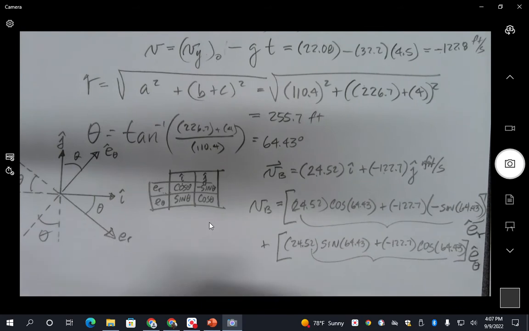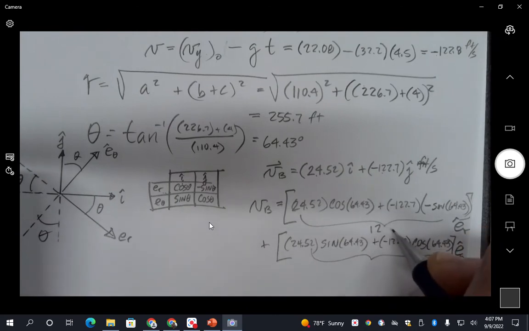I have some crossouts here, so I don't think I have the right numbers. So we'll go 64.43, enter. I have the stack full of that, and so I'm going to go cosine, 24.52 times, and then flop that around, and I'm going to have sine of that one times 122.7. That's a negative, so they should add together. That should be 121.3.